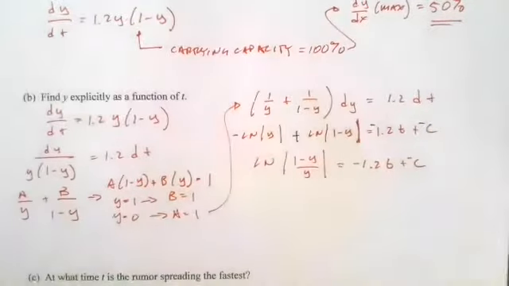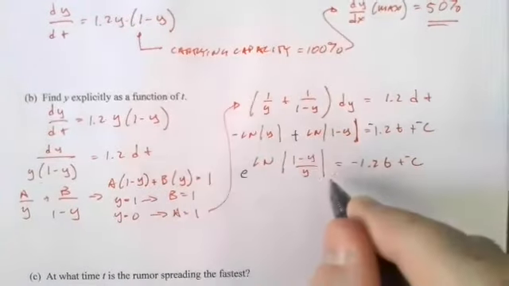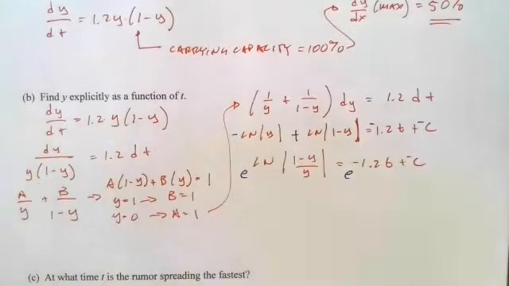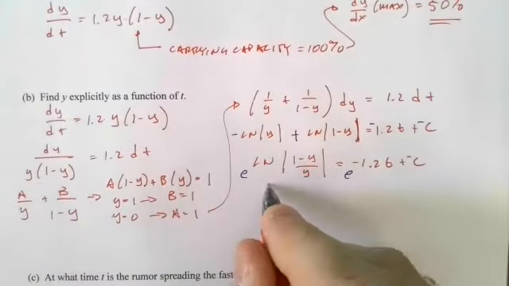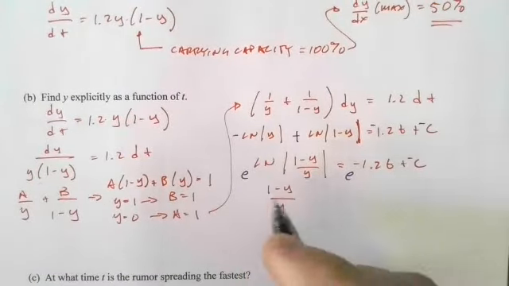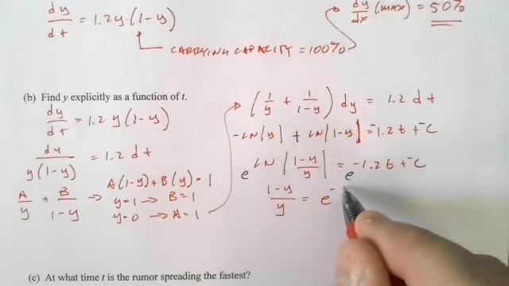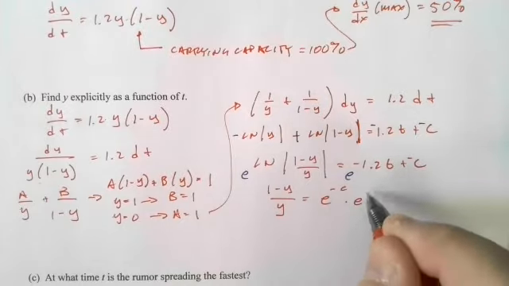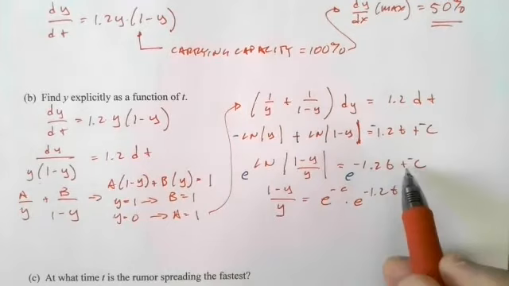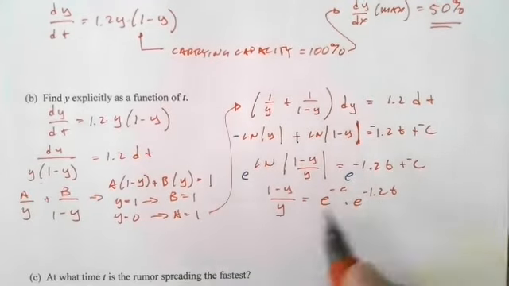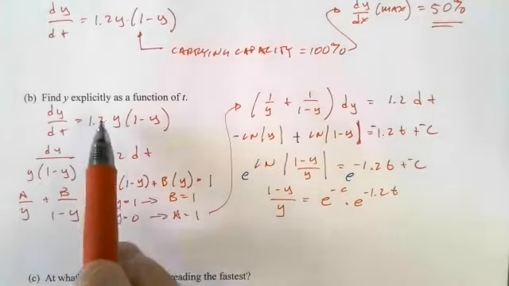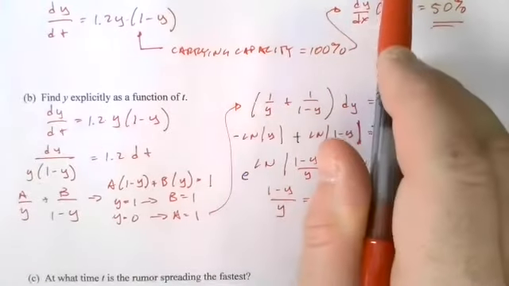E both sides. We get 1 minus y over y, and we're population world, so we throw away the absolute values. This population can't go negative. Equals e to the negative c times e to the negative 1.2t. Remember, they're being added so I can break them apart. You know the deal. Hey, find y explicitly at time 0.